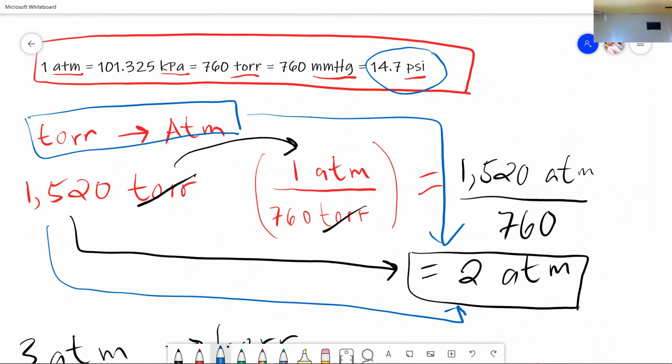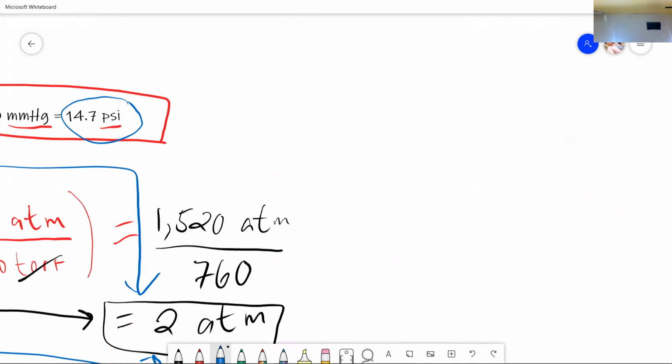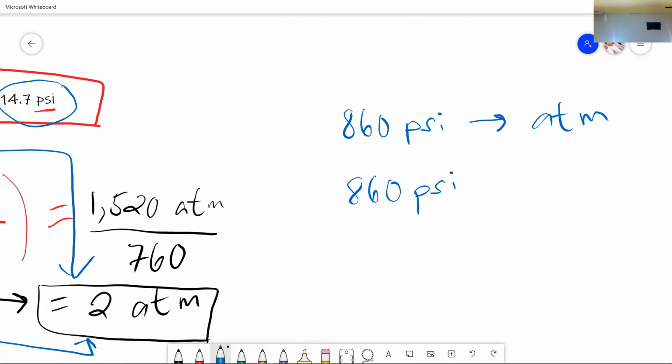For example, 860 psi to ATM. 860 psi is a unit of pressure, and we convert it to ATM.